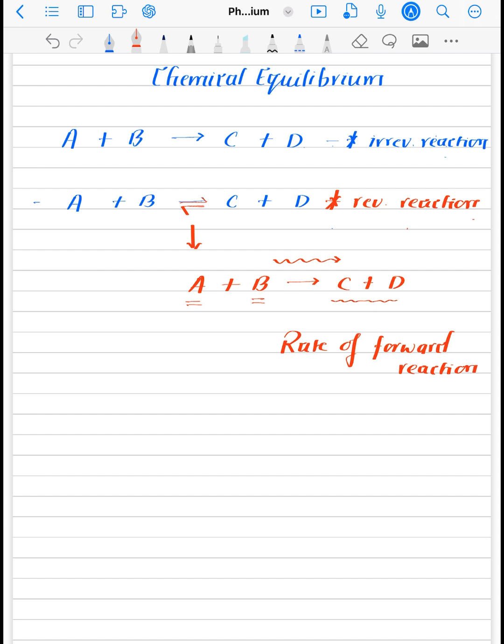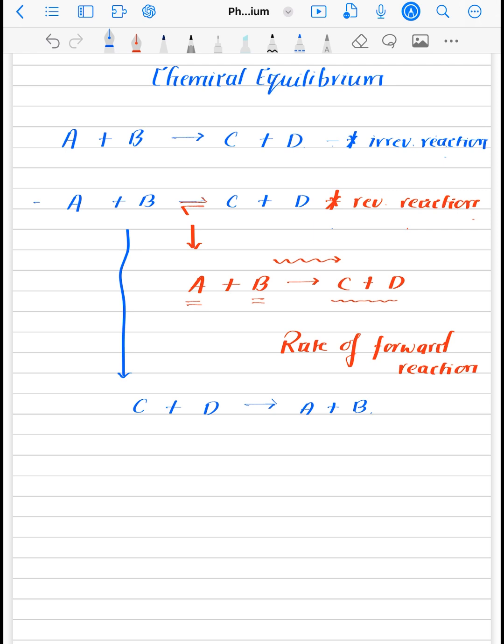On the other hand, if we consider the first equation over here, right? In this particular reaction, as I said, if it is a reversible reaction, it has a tendency where C and D can both react in order to give rise to A and B, right?